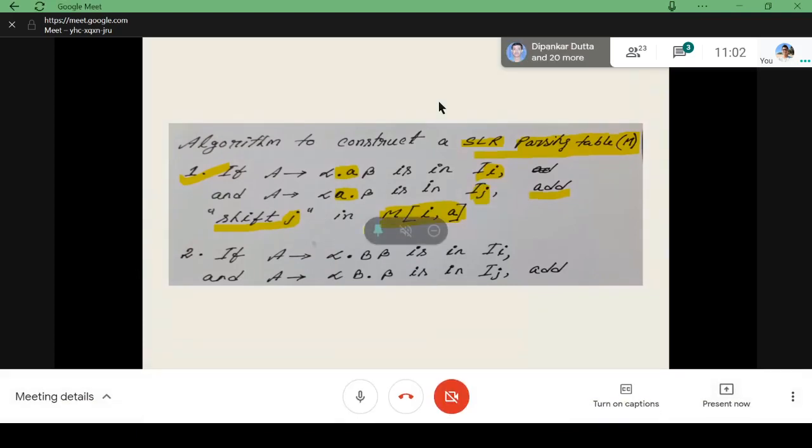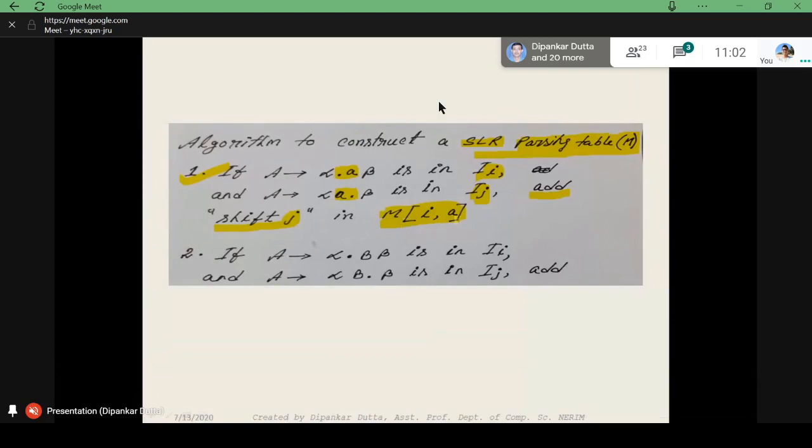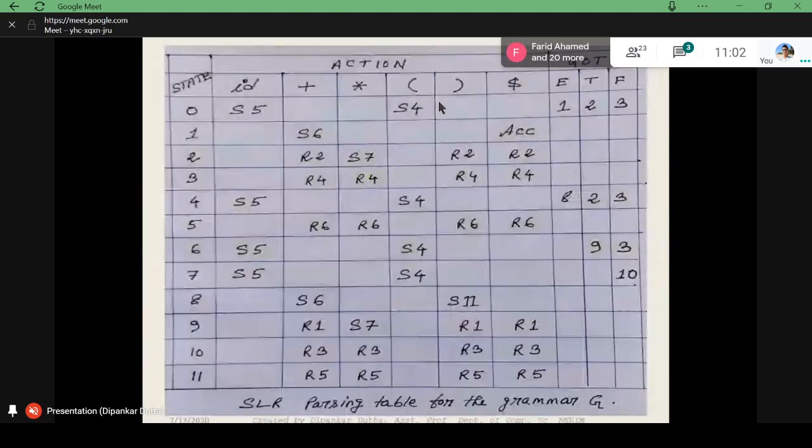Okay. Now, what is M of I, a? See here, in this table you can see it. M represents this whole table.